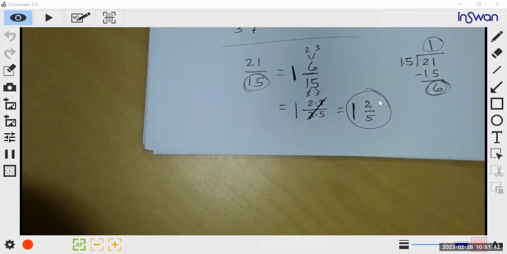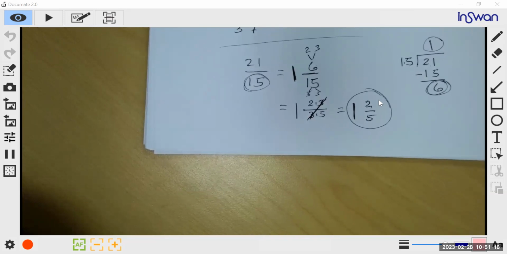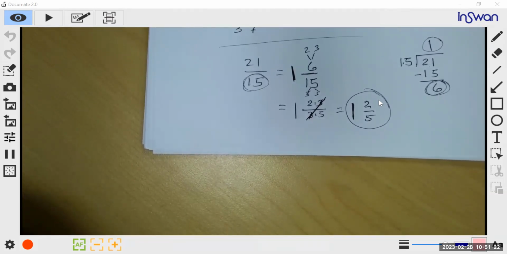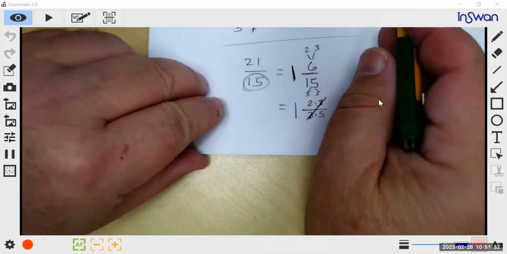There's the final answer. Everybody okay with that so far? So if I give you an improper fraction, you convert it to a mixed number.